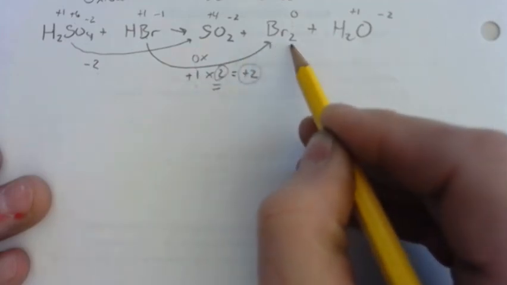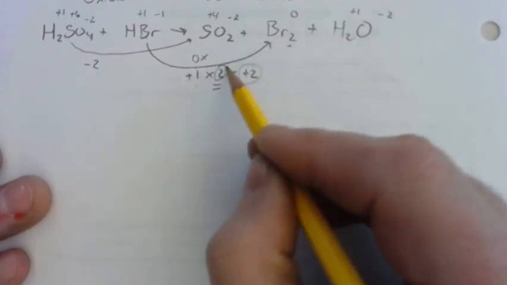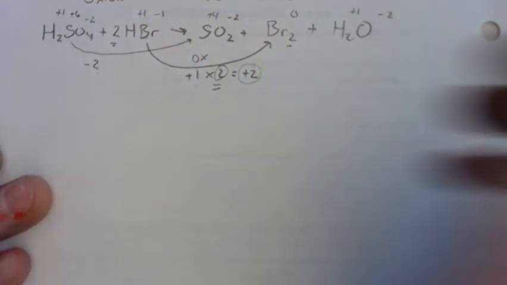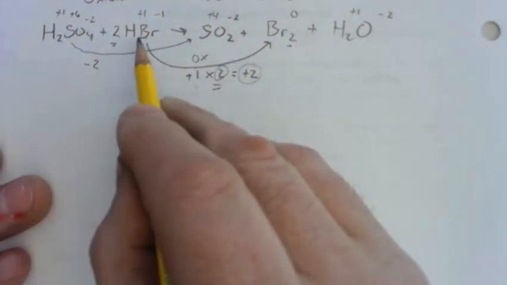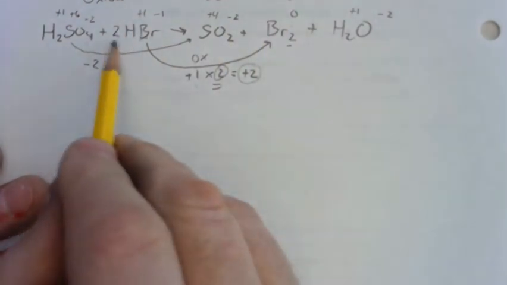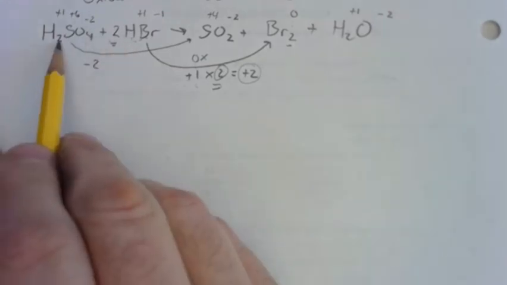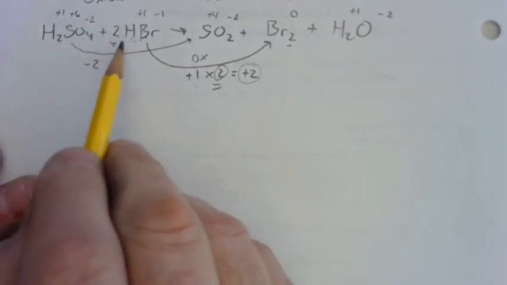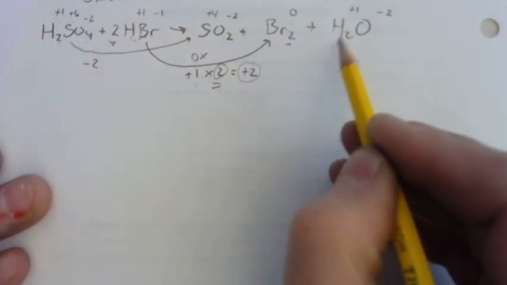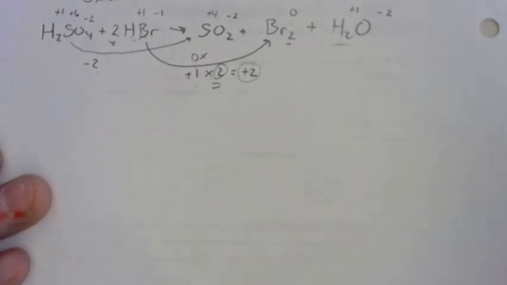Now looking over here, I already have 2, but over on this side, I'm going to put a 2 coefficient there so that I now have 2 bromines on that side. And then the hydrogens, just to double check, we have 2 hydrogens here plus 2 there is 4. Well, those aren't balanced, are they? Because on this side, we only have 2 of them.